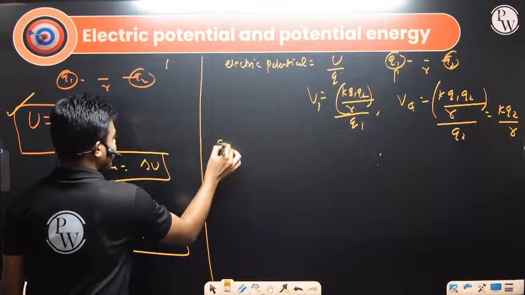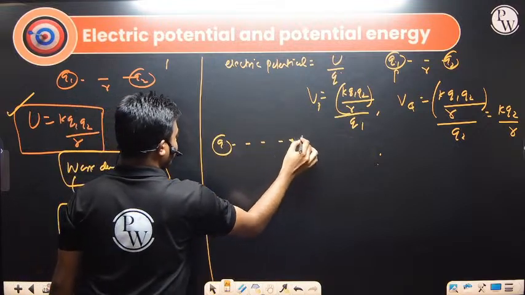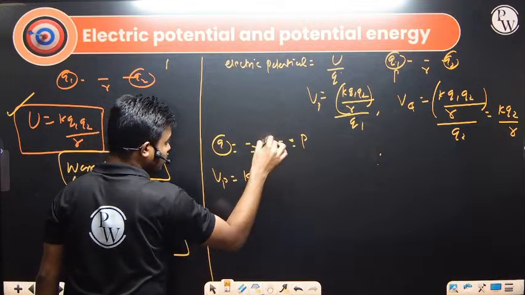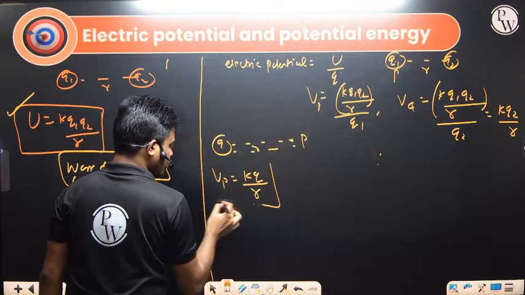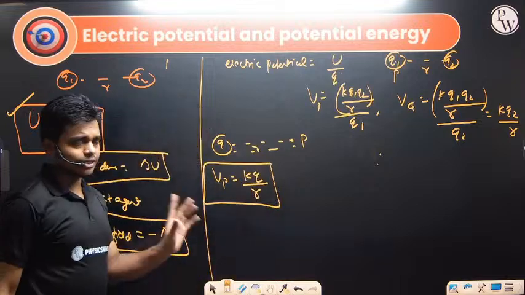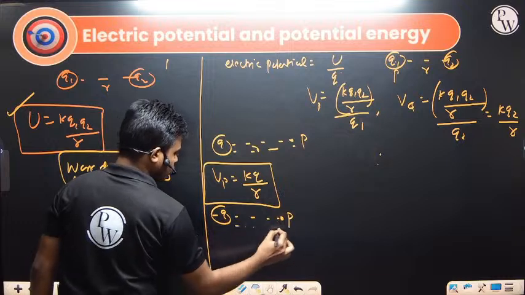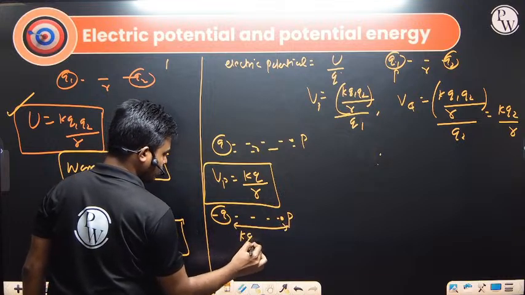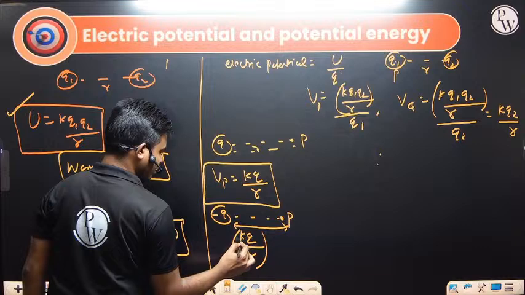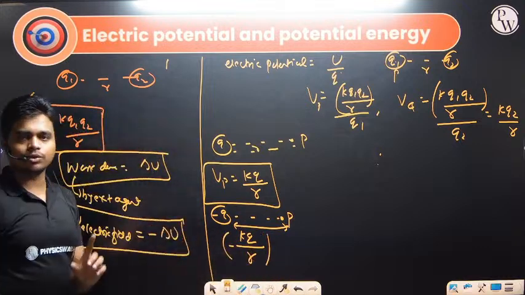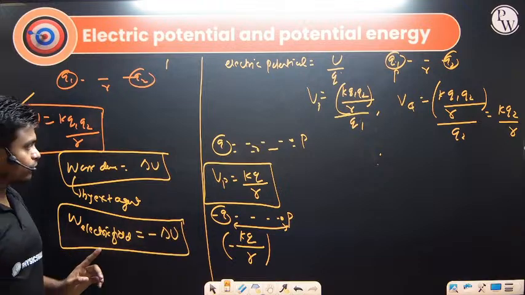If we have a single point charge at this particular point, the electric potential value is given by K Q by r because of the point charge. If the charge is negative, the potential is again K Q by r, but with a minus sign. The potential is a scalar quantity, so no need to worry about direction when solving problems on electric potential.